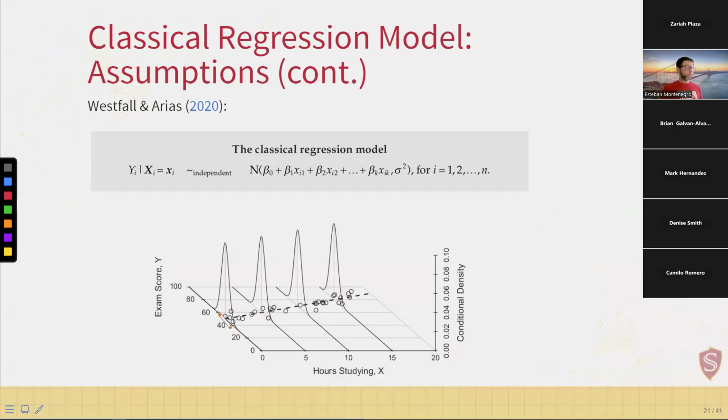Also, there is another assumption that says that the variance of these tiny distributions is the same. We expect to see constant variance across all these conditional distributions. Also, there is a linearity assumption that says there is a linear relationship between all the means, that there is a line.